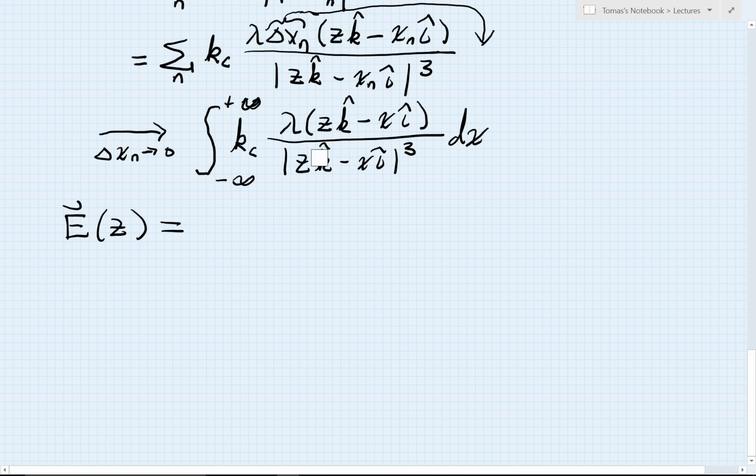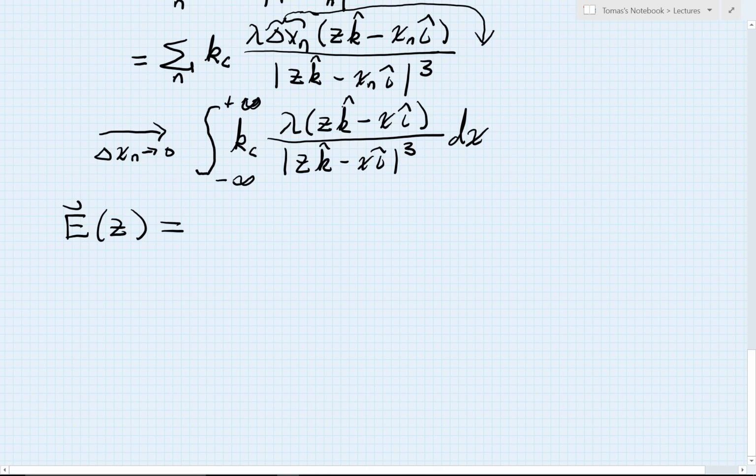When I focus on this part of the integral, I'll notice I've got several constants in here. I've got Coulomb's constant, I've got lambda, z actually is a constant, and k hat also is a constant. It's very important to keep in mind that one very nice thing about unit vectors is that not only can we manipulate them just like normal variables, they're just mathematical objects.